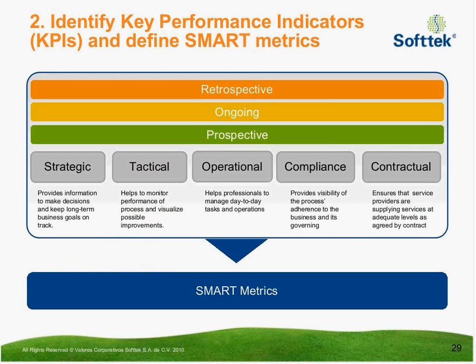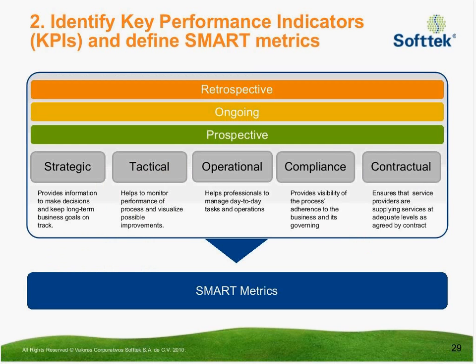The operational, which are metrics used by the application security professional to manage day-to-day tasks and operations. The challenge with this type of metrics is to limit them to those that really help the frontline people in their daily activities.